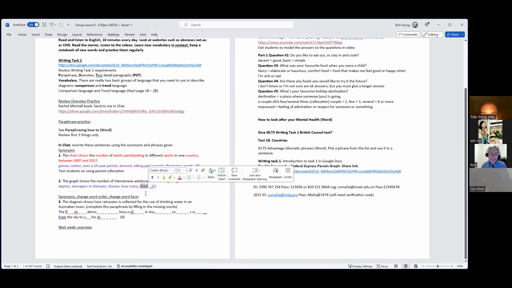Graph and chart mean the same thing. All right, next one. Depicts means the same as shows. Okay, Chung Hu? Correct. Shows and depicts mean the same.